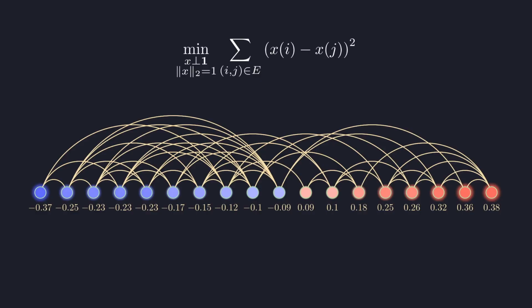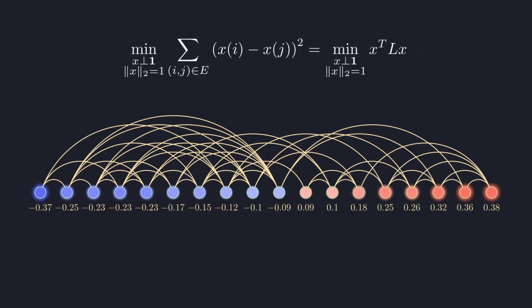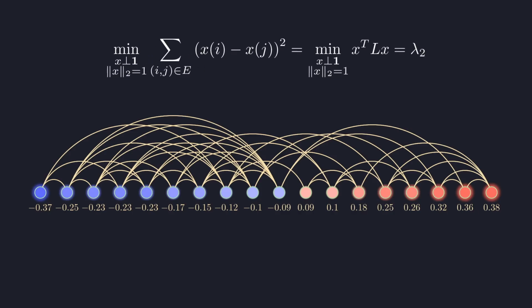Again, we won't go into the details, but for a hint, this expression is actually equal to x transpose Lx. The minimum value is actually λ2. So if λ2 is small, this means that we have actually succeeded, because most edges connect vertices that are close together in this embedding. In other words, very few edges are stretched out to long distances on this number line.